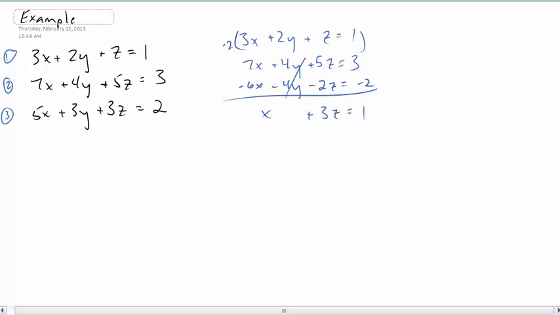And I'm going to take equation 1 and 3, and I'm going to eliminate the same variable. And this should be nothing new. So I'm taking the top equation, multiplying it by 3, bottom equation by -2.